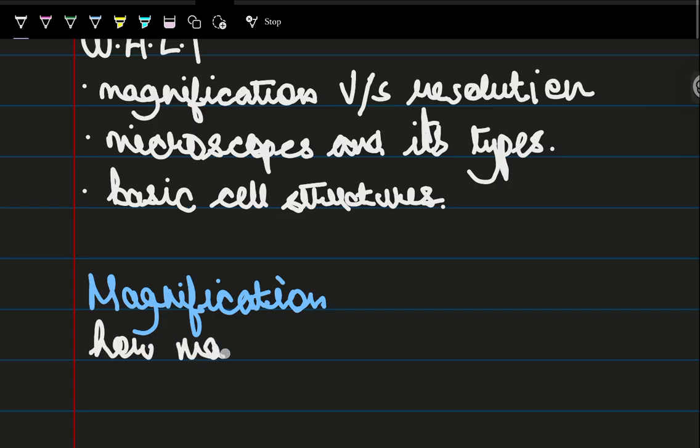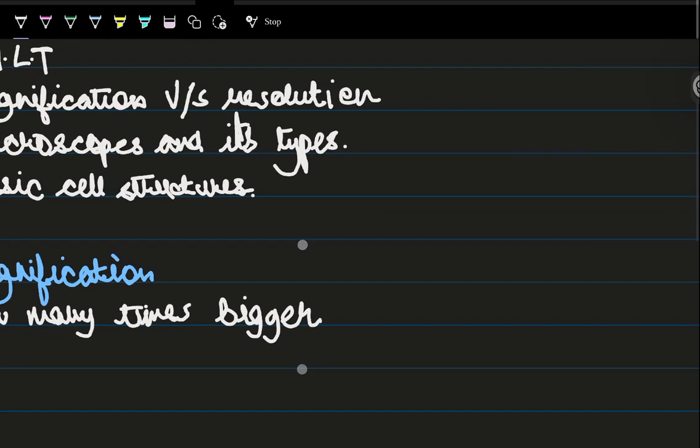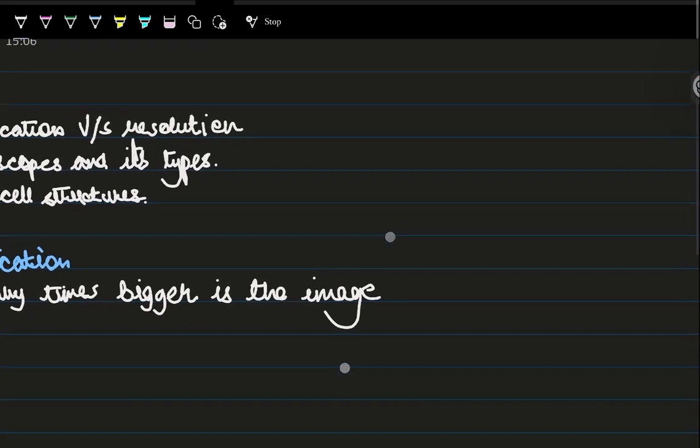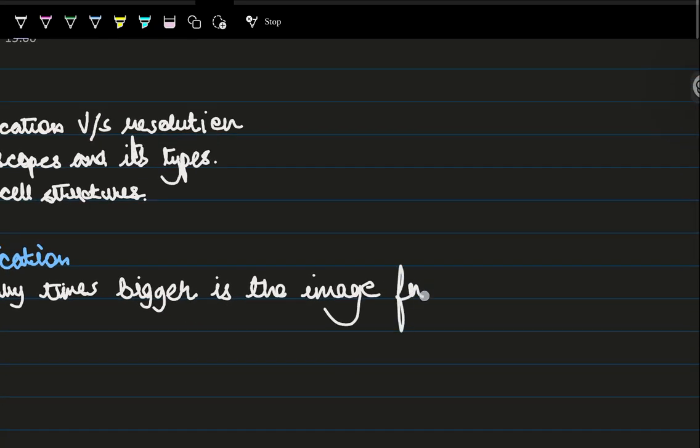How many times bigger is the image from the specimen? Yes. So there's a specific formula to calculate the magnification.